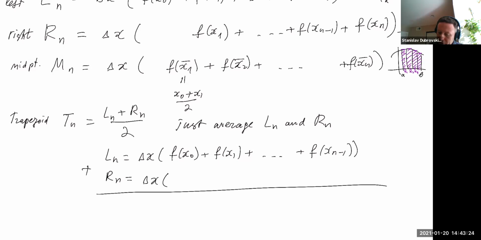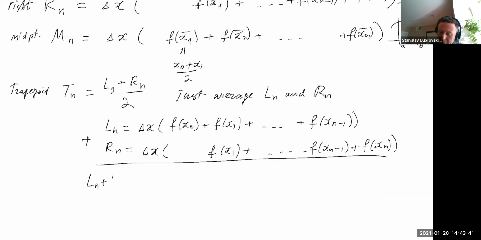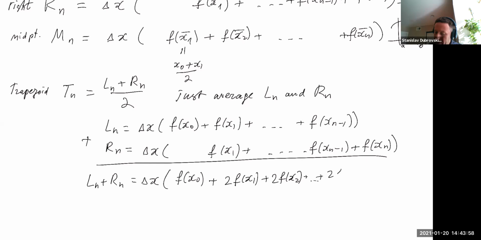The right-hand rule is of course delta x times f(x_1) plus dot dot dot f(x_{n-1}), but we also have here f(x_n), which we didn't have in the left-hand rule. So in the sum, if we add first, L_n plus R_n will be delta x, of course, the common factor. f(x_0) will appear once, but we'll have 2 f(x_1) plus twice f(x_2), similarly through f(x_{n-1}). And then only one f(x_n).